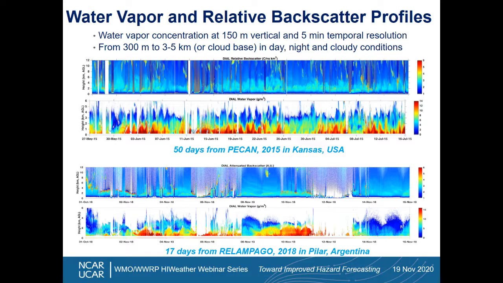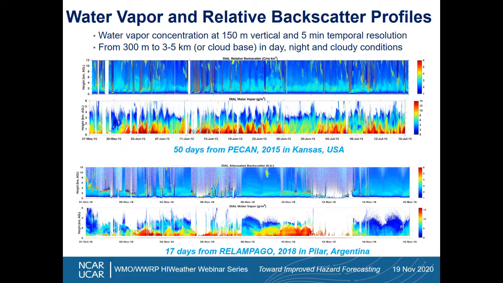And you can see lots of variability in the magnitude of the moisture as well as the depth of the moisture that's returned. So we're seeing lots of diurnal variation in the depth of the water vapor because the background solar radiation is really hard to filter out during the daytime, so we can't see as high up during the day as we do at night. But given that, we also have some gaps in the data when there's strong clouds. We can't see through optically thick clouds with the LiDAR.